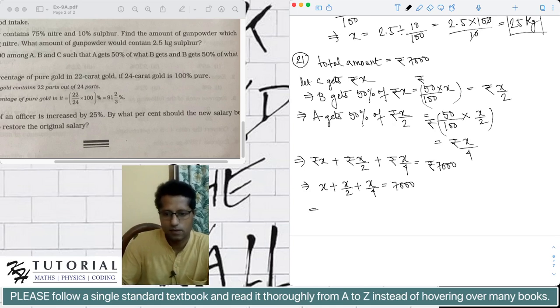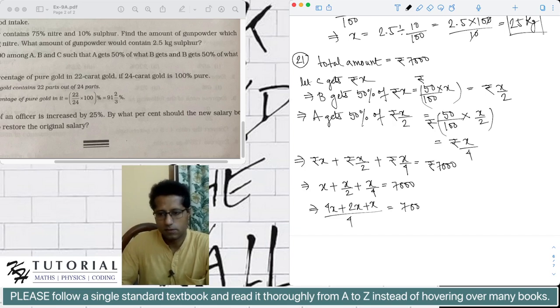Now if you simplify the left hand side, that is, if you add all the X terms, you get 4X plus 2X plus X divided by 4 is equal to 7,000. So this implies 7X by 4 is equal to 7,000.